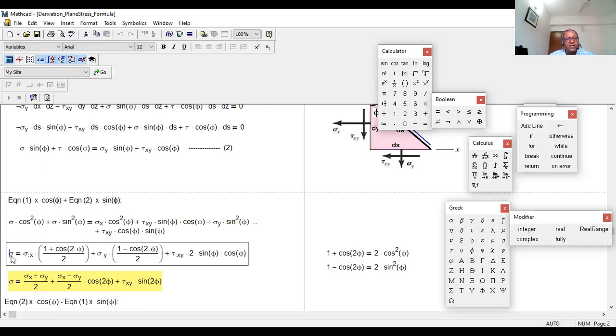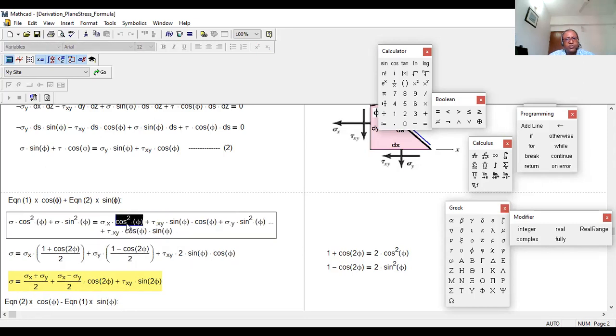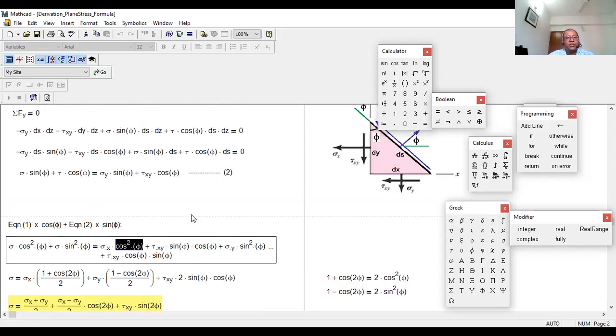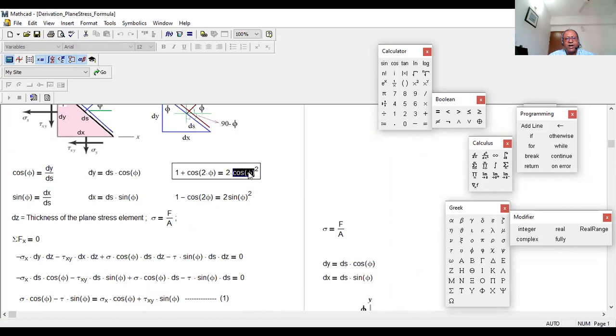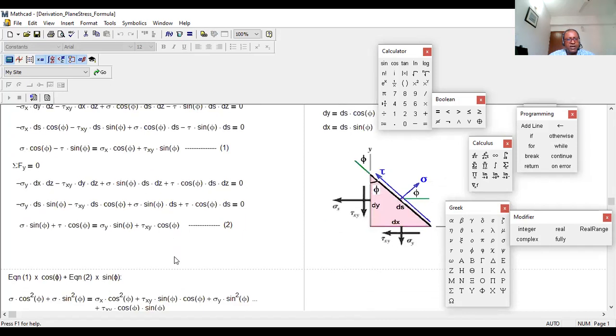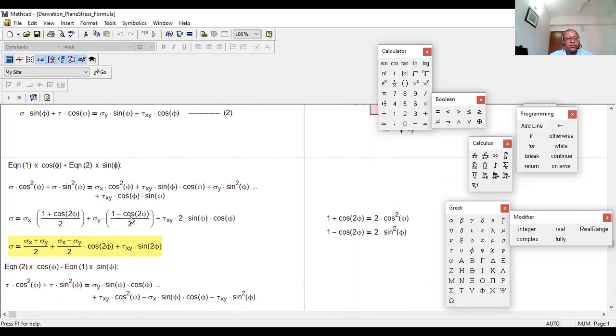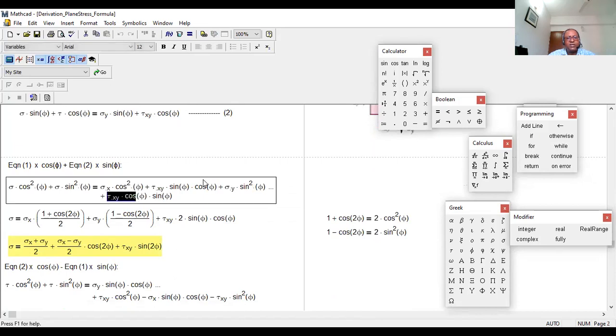So left hand side sigma. Right over here is the formula. Cos square phi equal to this term divided by 2. Sine square phi equal to this term divided by 2. So we put it over here, these two right over here. And this tau xy is the same, so plus 2.